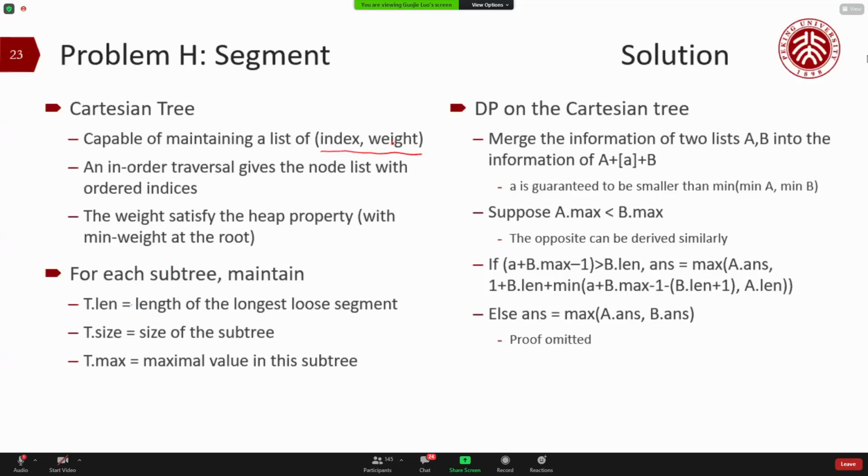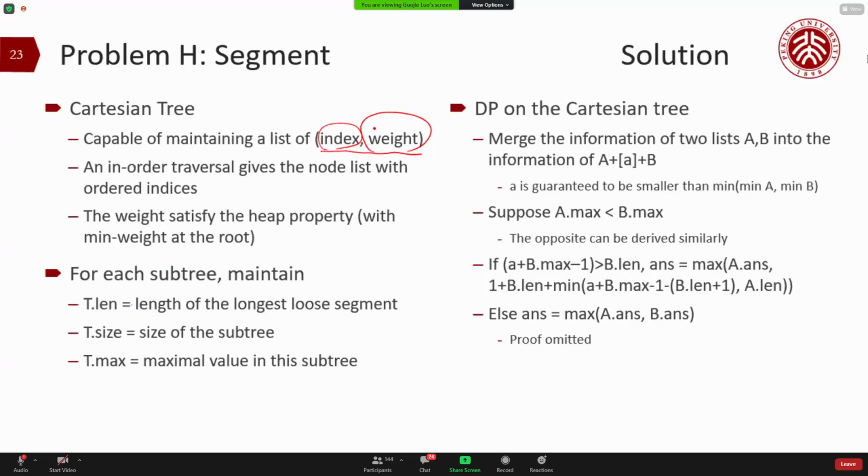And we perform an in-order traversal of this tree. It gives the node list with the ordered indexes. And the weights in this type of tree satisfy the heap property. So it's a data structure that can help us maintain these two relations, the indexes and weights.